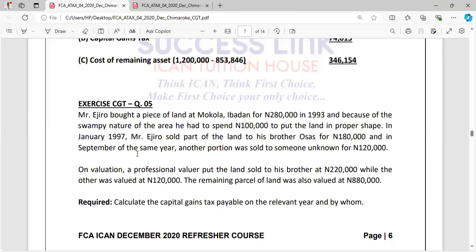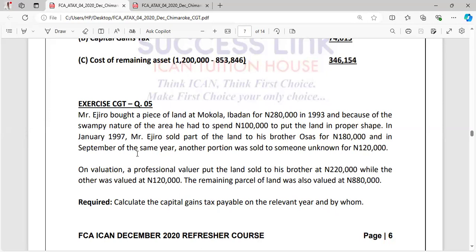And you see here, the tax people will not find it funny when you are selling an asset that should yield capital gains for the government below the market price. They will not like it. So they will look at the asset you have sold, assuming you were selling it to somebody unknown, how much would they have sold it?